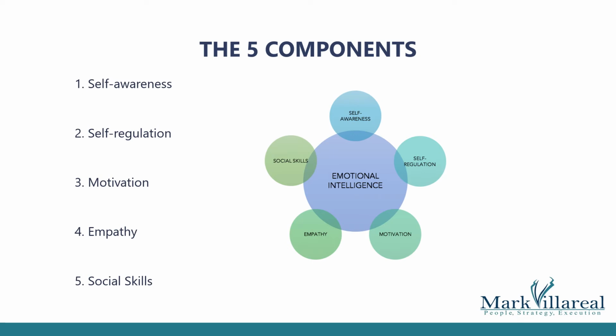This is not only our self-motivation, but then the ability to motivate others. 4, empathy. Empathy simply is your ability to see things from others' point of view. I once heard it said is, putting yourself in other people's shoes. And then number 5 is social skills. So the ability to have the social skills to interact with people of different emotional levels.